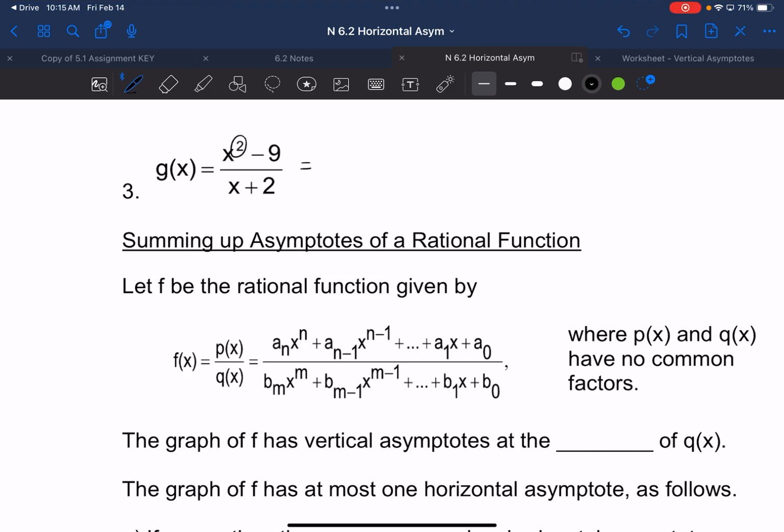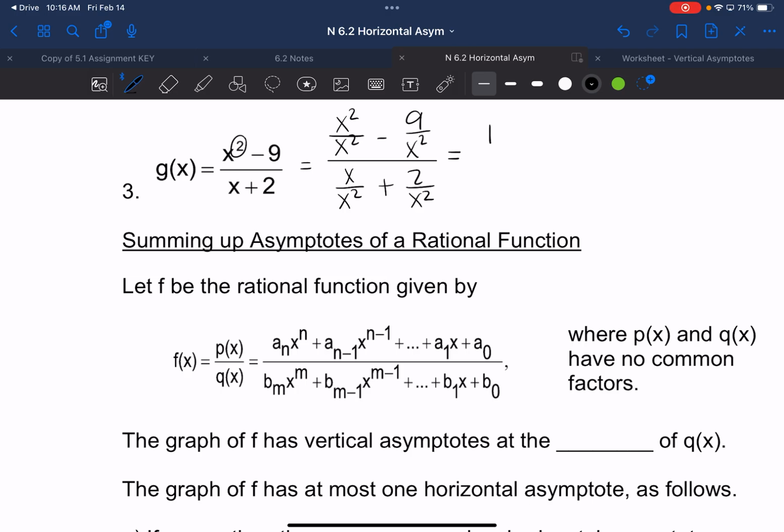So I'm going to divide everything by x squared. All right. X squared over x squared is going to be what?